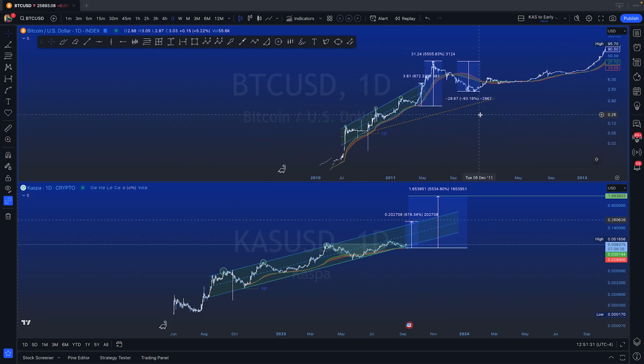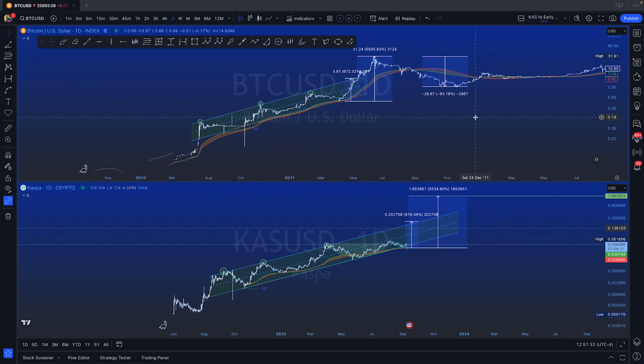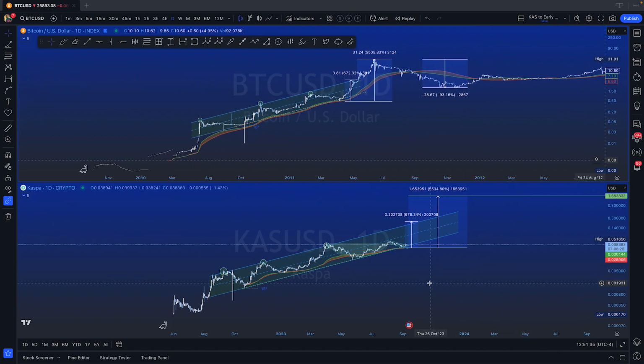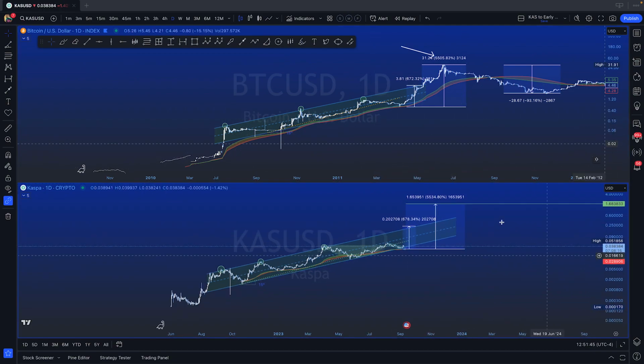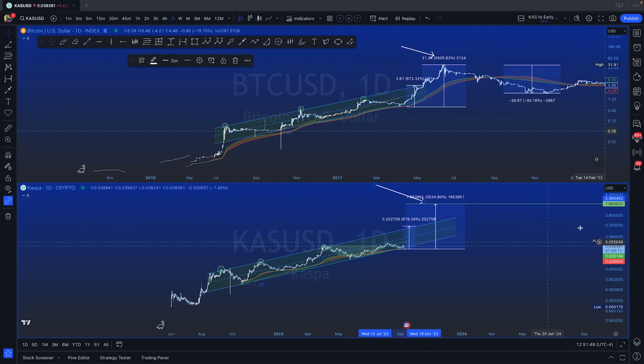So what would that equate to on Kaspa? Let's look at Kaspa here. We come up here, say we did just as right here we had a 55x. What if we had a 55x here, and we came up and we got to $1.68?